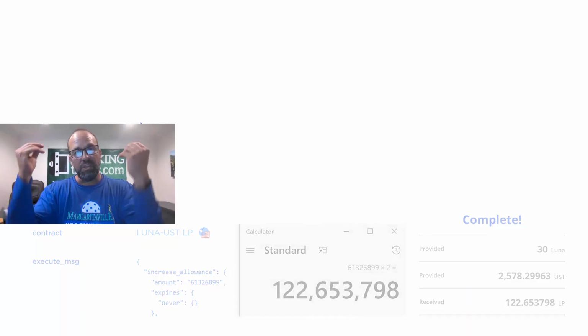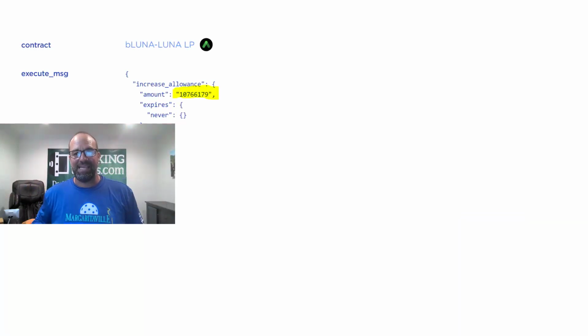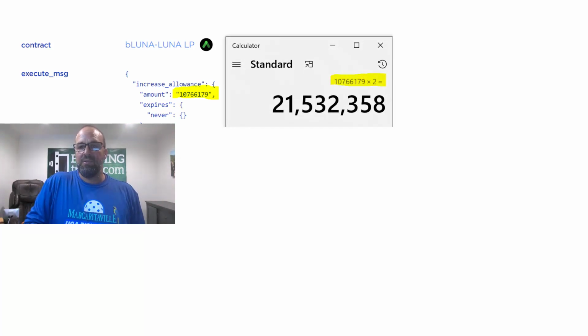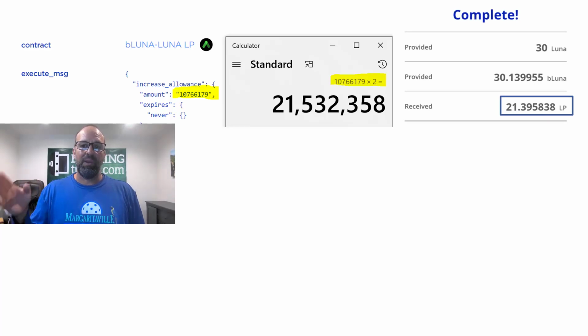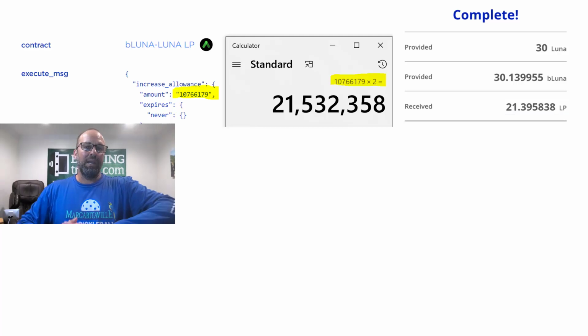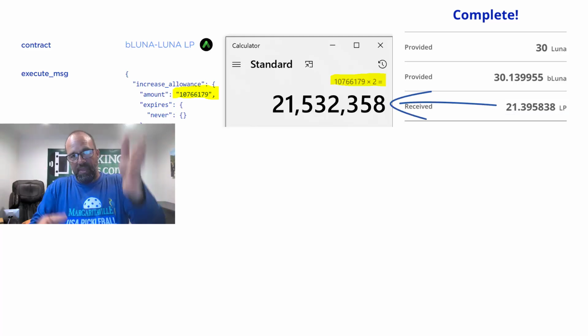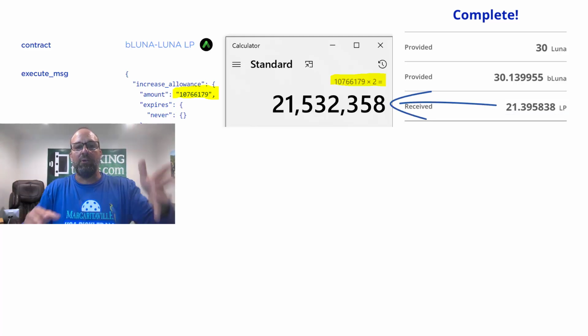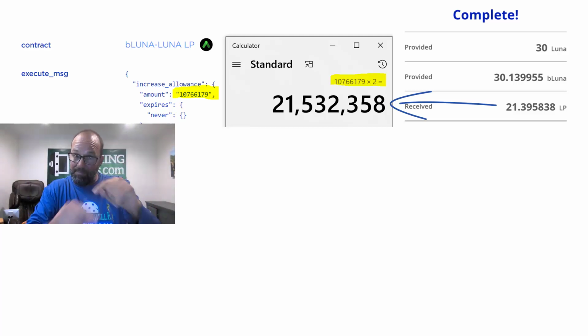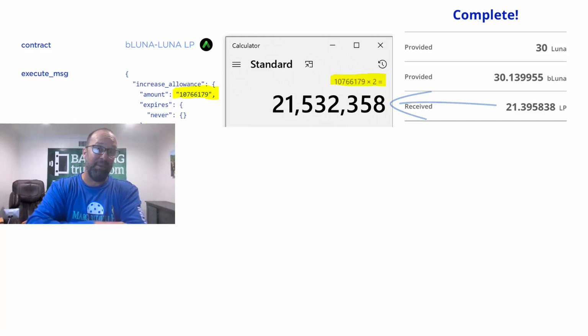Cool. You would think it would be exactly the same for the Luna bLUNA, but it wasn't. So you can see here I had 21.395838 LP tokens. But when I went to go provide it, remember the Luna-HODL makes me provide, I type in one, but it then picks the amount of the other.